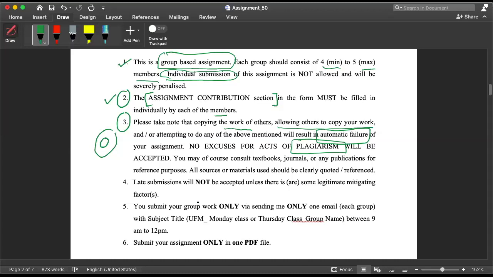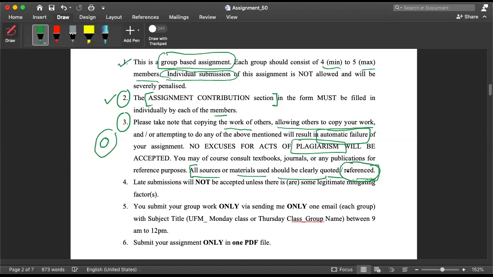So it's very important. And another thing about point number 3 is all sources or material used will be clearly quoted and referenced. Which means if you have calculation questions, of course, you don't have to give me any reference. If you have to give any comments or if you have any theory questions, I need a reference.